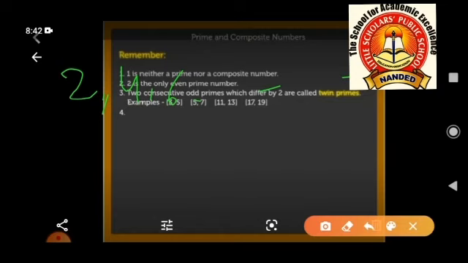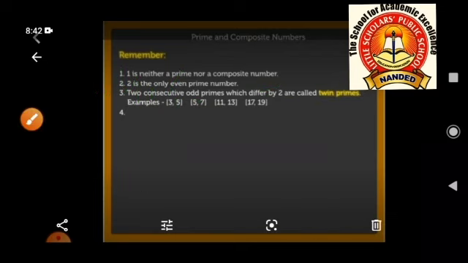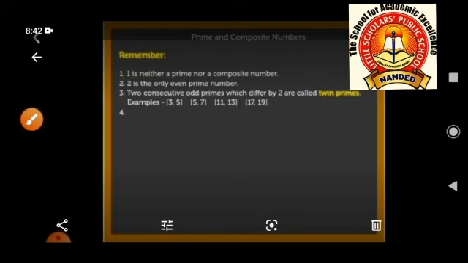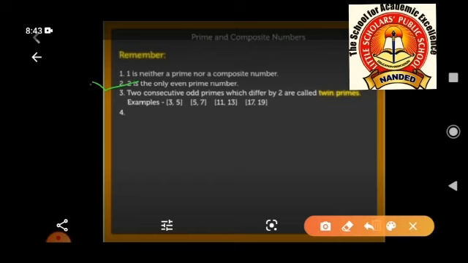The numbers other than the even are the odd numbers, like 1, 3, 5, 7, 9, 11, 13. So 2 is the only even prime number, and all the remaining prime numbers are odd numbers.